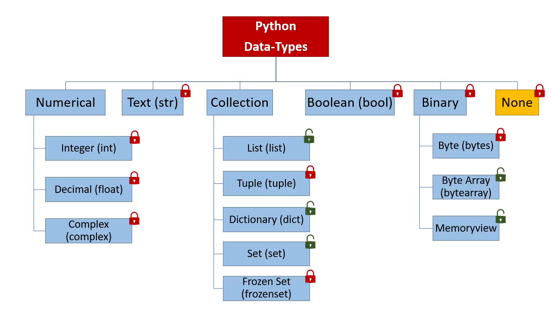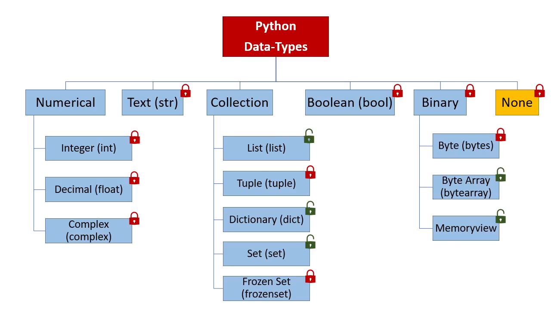So there's nothing like a constant per se in Python, but we can still follow some standard conventions to emulate a semantic feeling of a constant. What I'm saying is there's no equivalent for constants in Python like there would be in other programming languages.